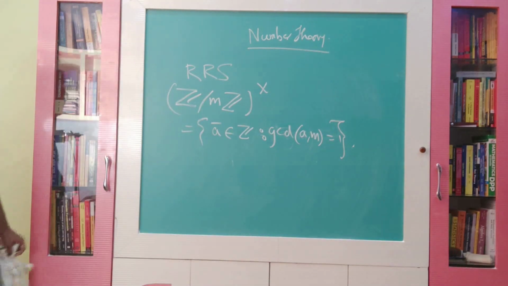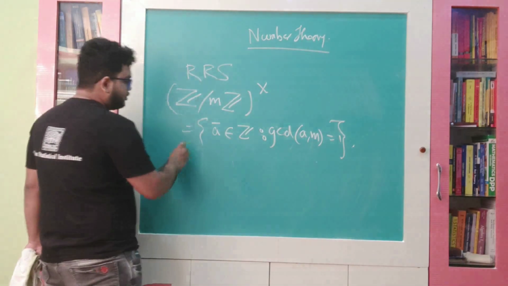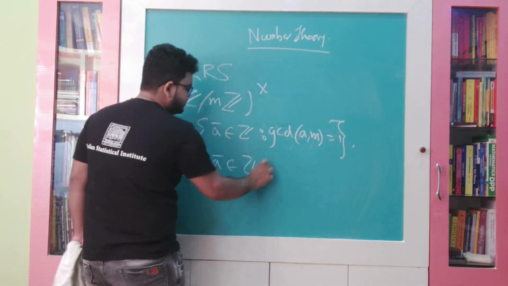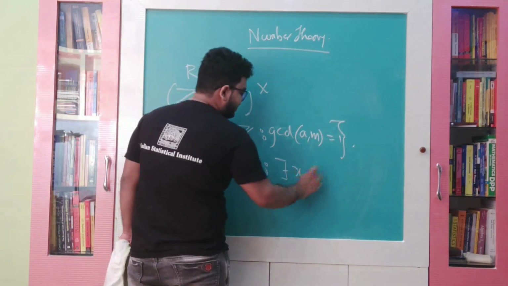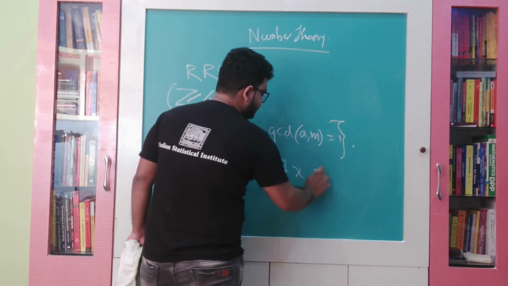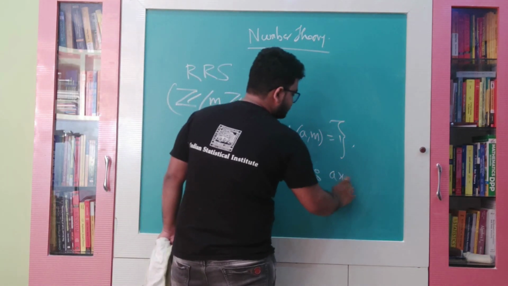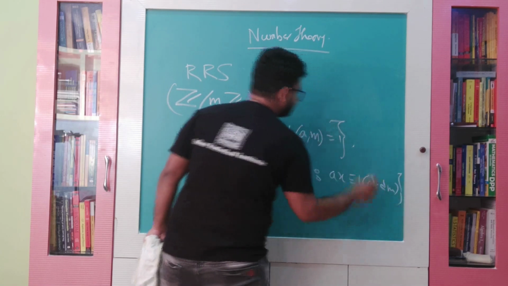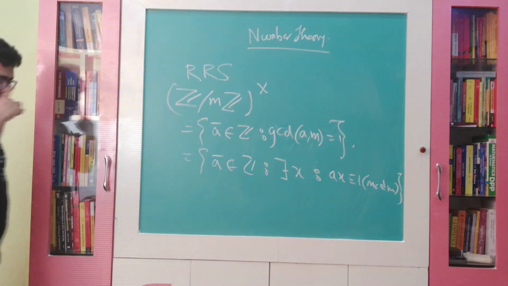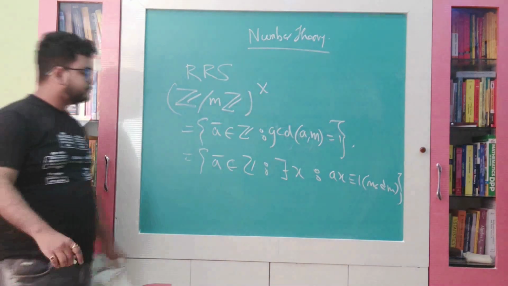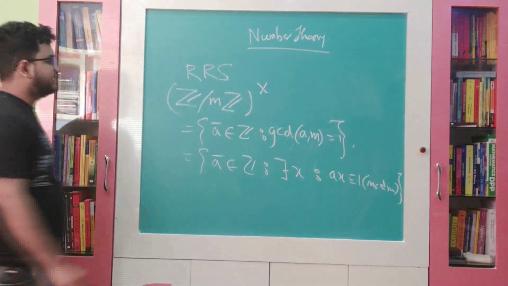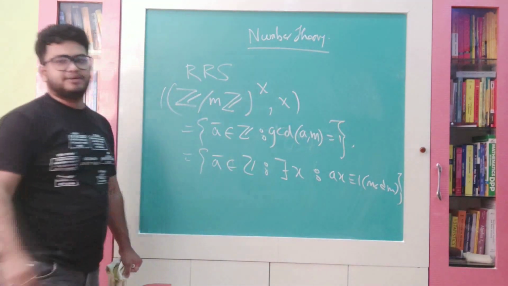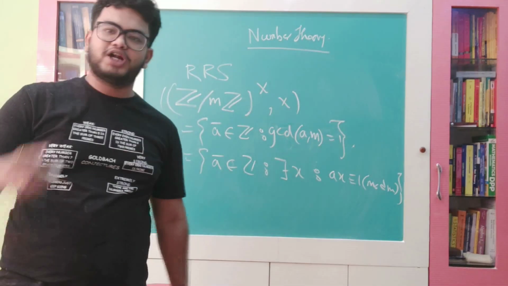So this is the invertible class modulo m, and this is also denoted by a belongs to Z such that there exists x such that ax is congruent to 1 modulo m. This under multiplication is a multiplicative group, where 1 is the identity.